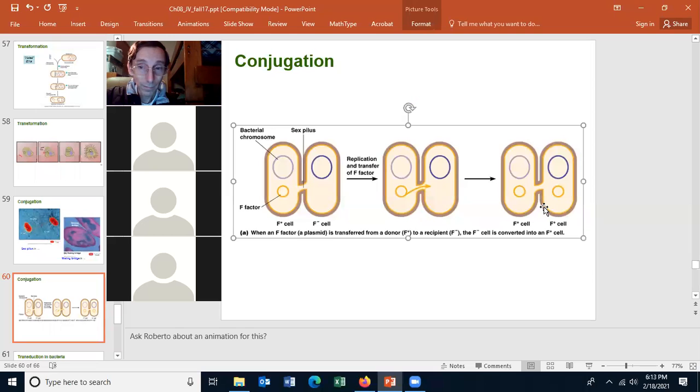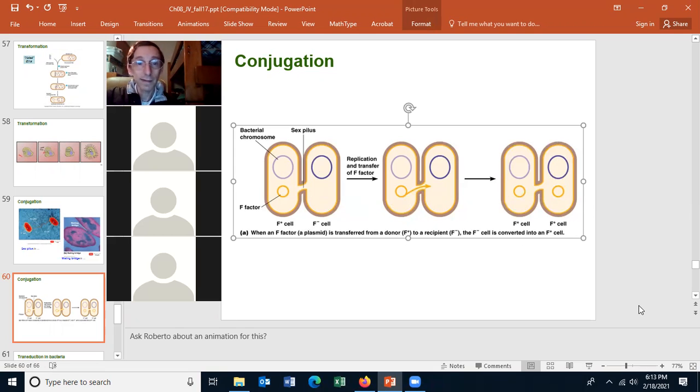Okay? And then this formerly F minus cell, that's now an F plus cell, once it grows the sex pilus, it can conjugate with an F minus cell. So this newly F plus cell can now act like this F plus cell and then conjugate with an F minus cell.